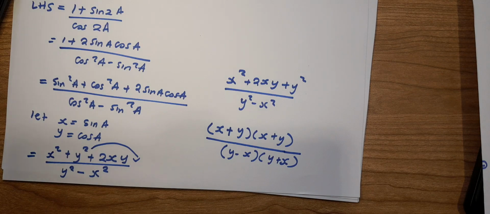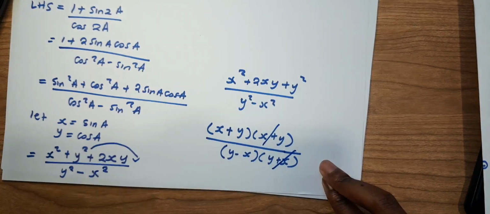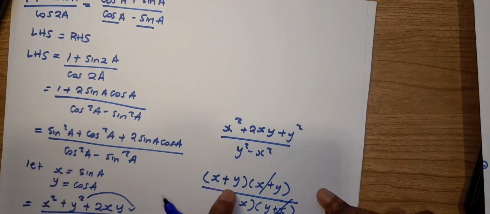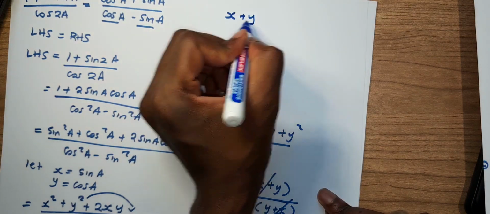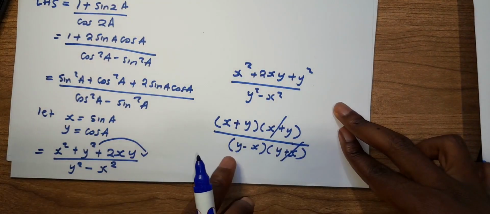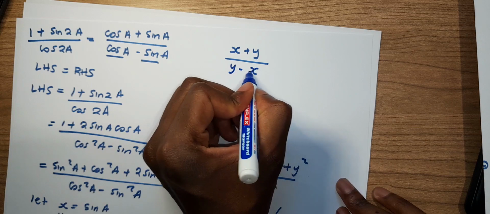So this one will cancel out with this one, right? And what are you left with? You are left with x plus y at the top, divided by y minus x at the bottom.